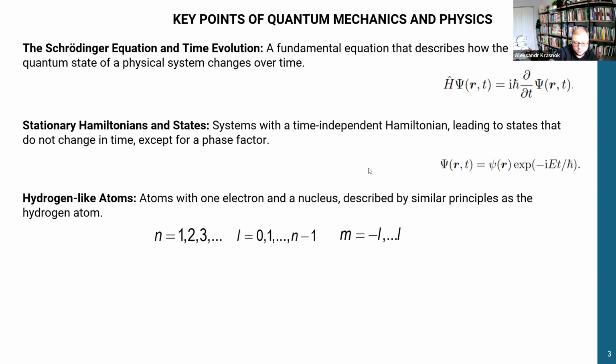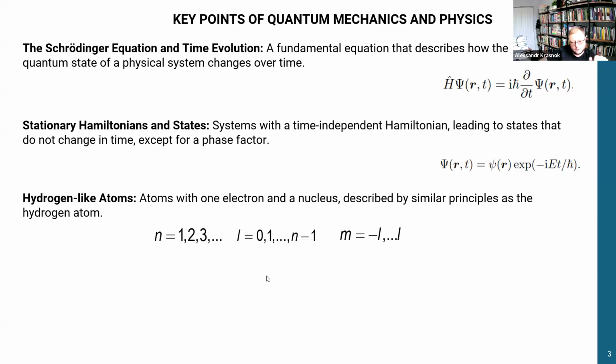Using this approach of stationary solutions, we discussed the particularly important case of the hydrogen atom, right? We say that the energy levels are numbered by this main quantum number n, so 1, 2, 3, and so on, theoretically up to infinity.